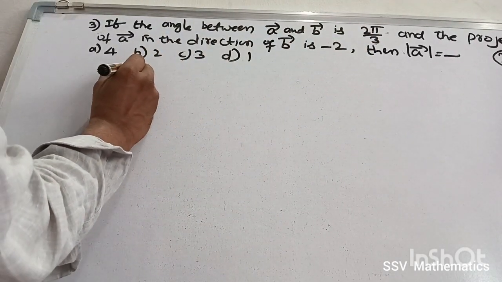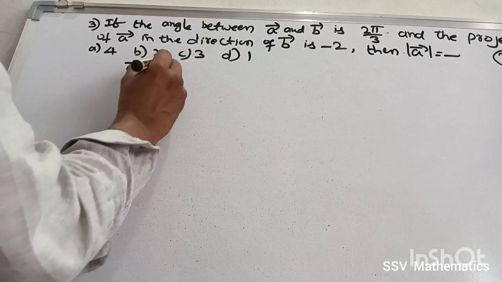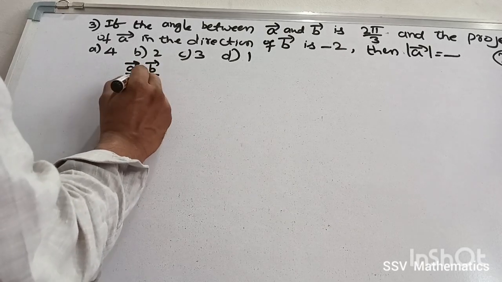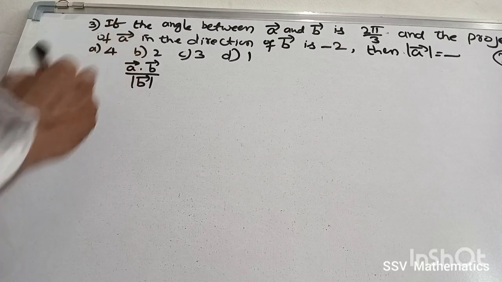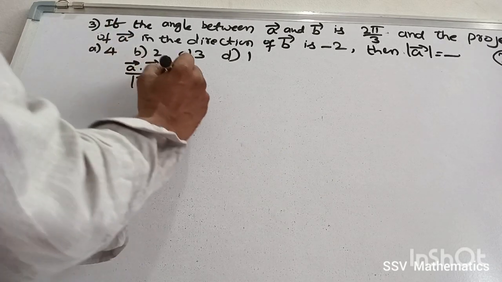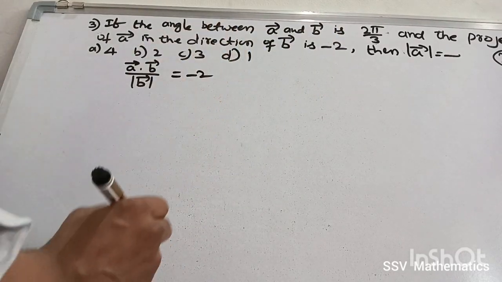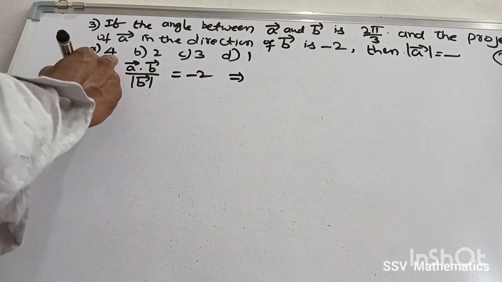The definition of projection of vector A in the direction of vector B is A dot B divided by magnitude of vector B. It is given that the projection is -2. Which implies A dot B divided by magnitude of B is equal to -2.